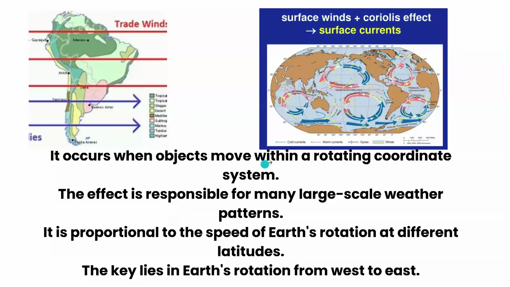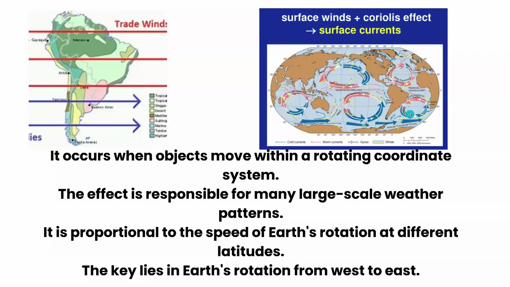It occurs when objects move within a rotating coordinate system. See here, water bodies are moving in different directions. In Northern Hemisphere, above the equator, you will find one direction, and in Southern Hemisphere another direction. Now, North America is in Northern Hemisphere, South America is in Southern Hemisphere.